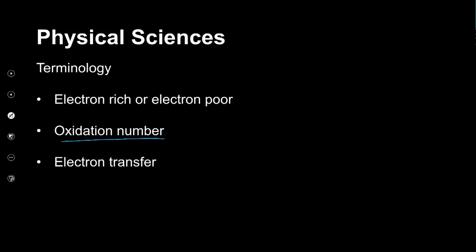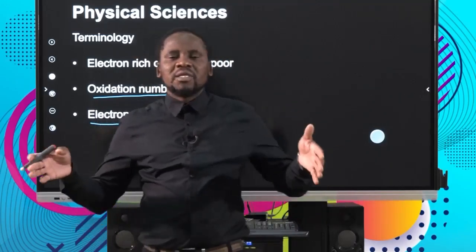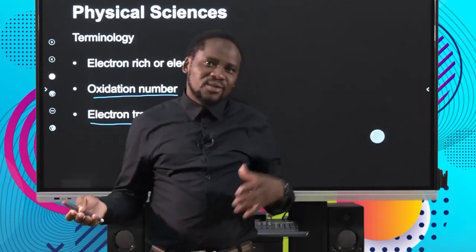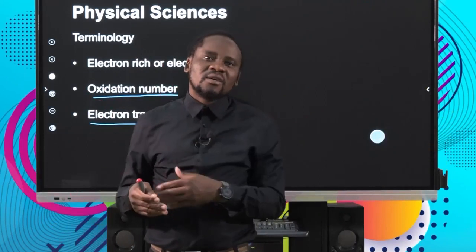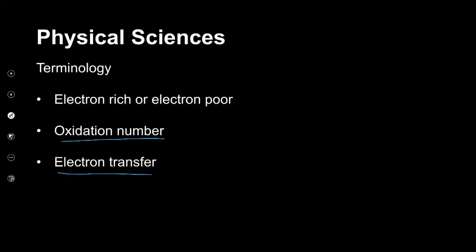And then we also look at electron transfer. If we talk about transfer, it means there must be one thing that loses while the other one gains, to facilitate that transfer from one species to the other, right? So these are some of the key terms.